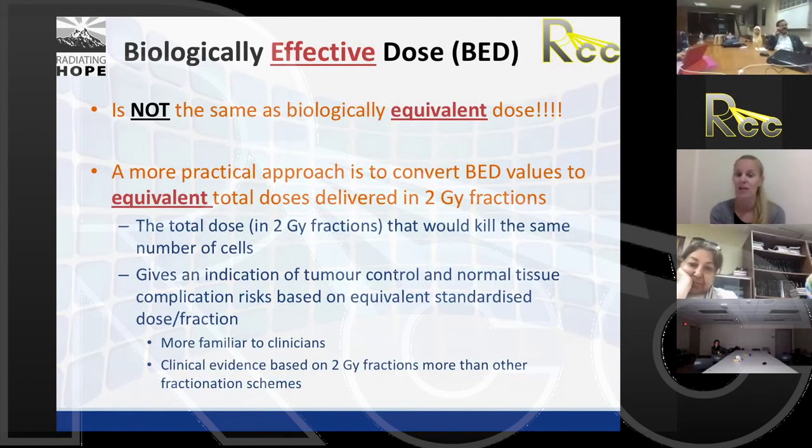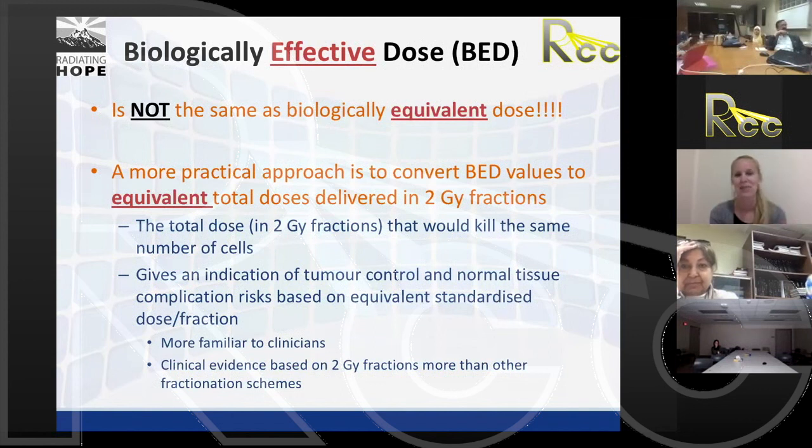So we have a lot of clinical data and evidence of reactions, tumor responses and healthy normal tissue responses based on treatments given in 2 gray fractions. We can use all of that evidence for all the other fractionation schemes that we choose if we convert those schemes to an equivalent dose in 2 gray fractions. I hope this makes sense. It's hard to get your head around.